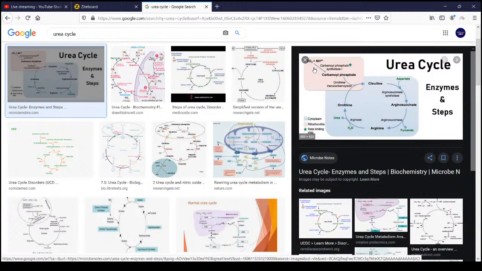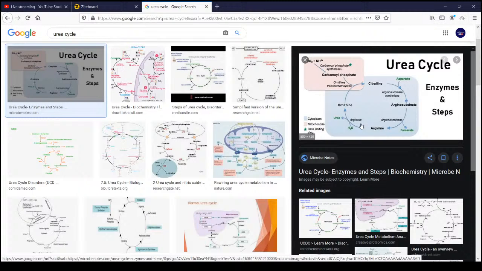Carbamoyl phosphate reacts with ornithine in the mitochondria. Ornithine transcarbamylase forms citrulline, which exits the mitochondria into the cytosol. The cycle goes underway: arginosuccinate, then arginine, then urea comes out.